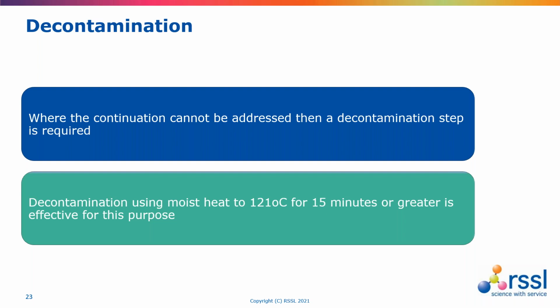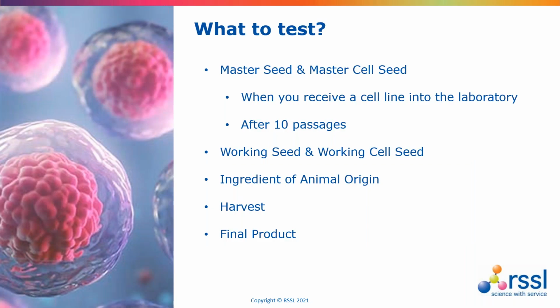But testing is also an important subject. And in terms of pinpointing, a good test regime would look at things like the master seed, the master seed stock, the working seed stock, and all cells used in the processing, harvesting, purification, generating the final product process.